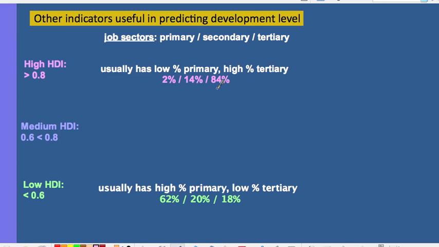A high number of the population working in service jobs and a very low percentage of the population working in agriculture and fishing and farming, stuff like that. And then a low HDI, LDC, is going to have a very high percentage of their population working in agriculture, fishing and forestry and stuff like that, and a much lower tertiary sector job. Right, so that is the end of Chapter 9, Key Issue 1.